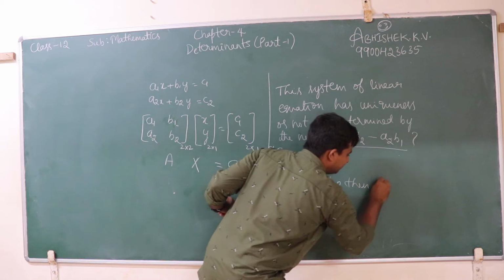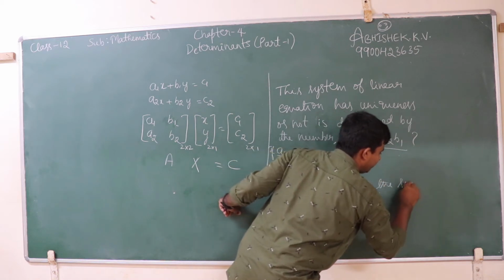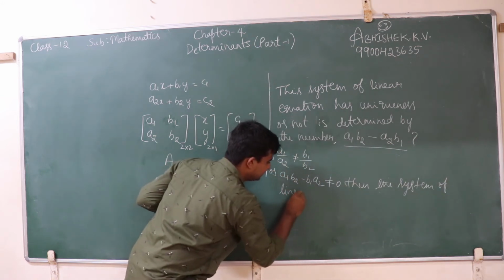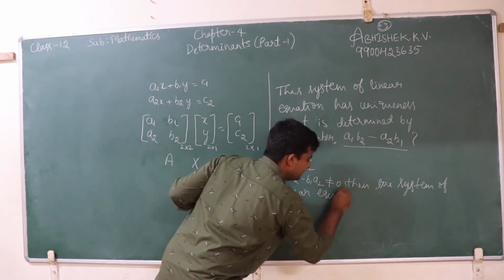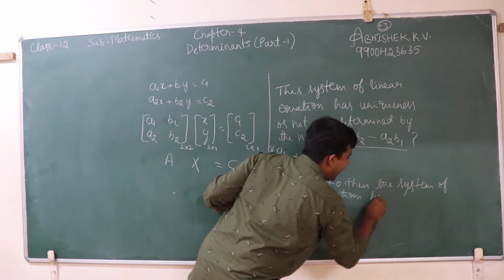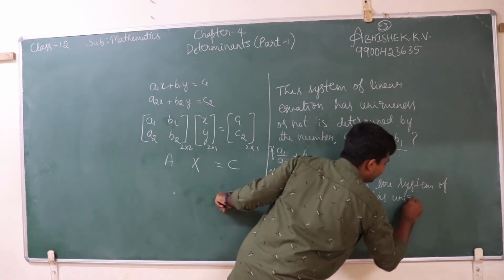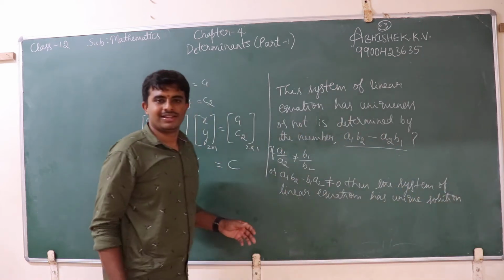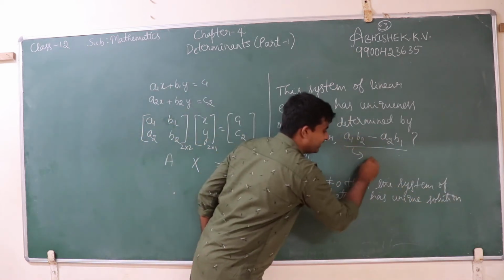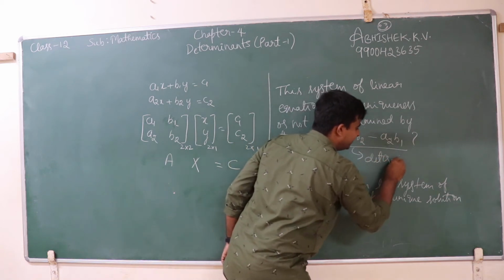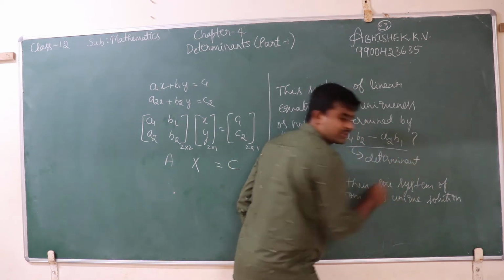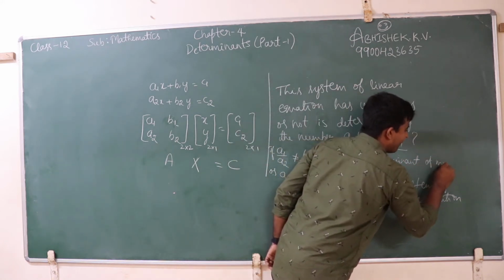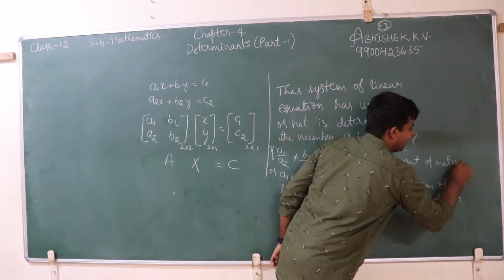Then the system of linear equations has a unique solution. Therefore, this number is called the determinant of the matrix.